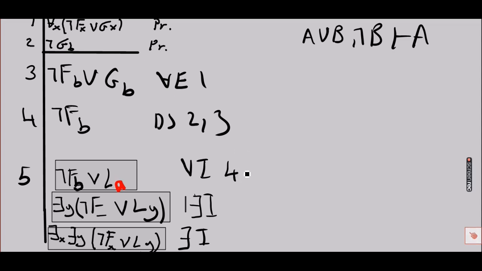Okay, now the formula on 5. Notice that I put B in the blank, so I need to put B in all the other blanks that I had as well. So now 5 is an instance of the thing that we have on line 6, right? 5 in fact is the A instance of line 6.